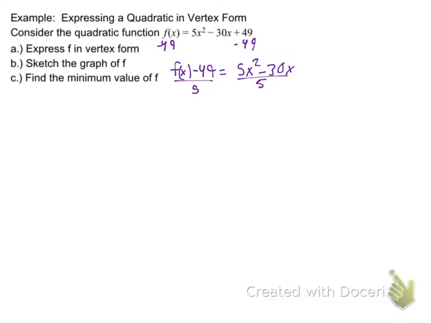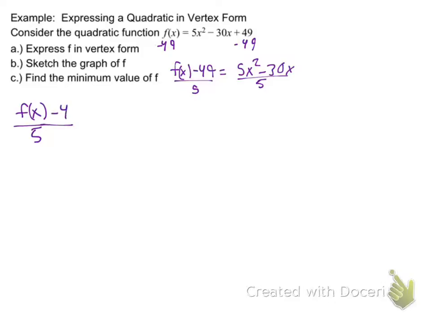Now, what this does create for us is f of x over 5. Eventually, we will be solving for f of x again, so we'll have to get the 5 out of there. But this will allow me to complete my square in my own mind a lot easier.